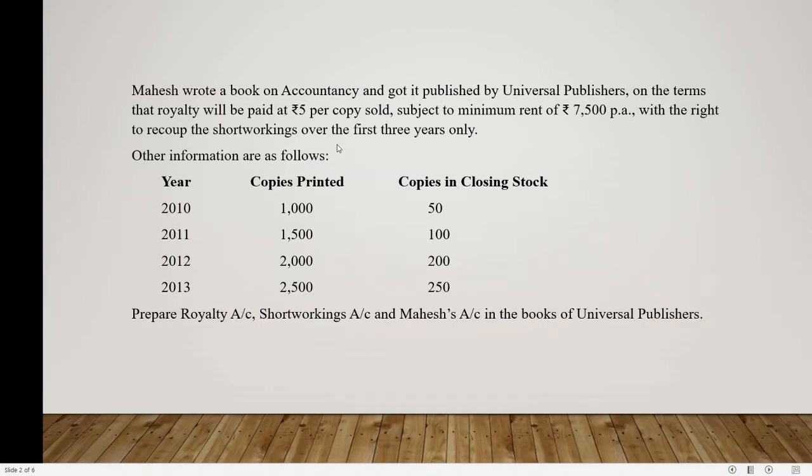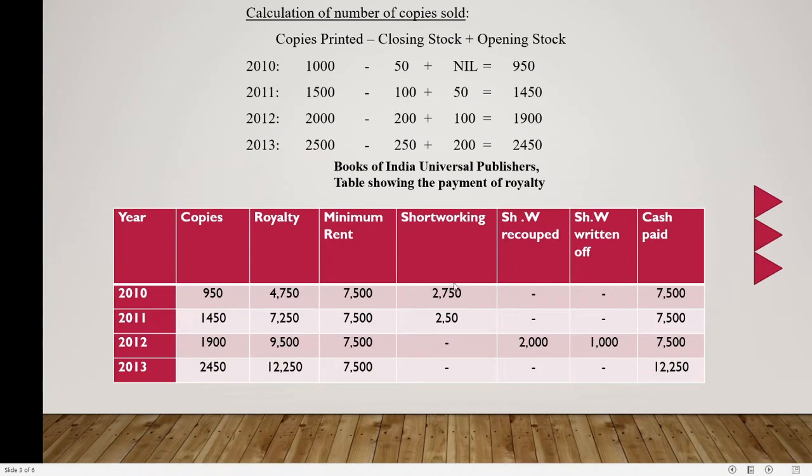The right is to recoup the short working over the first 3 years only. First 3 years means within 2012 he must recover the short working. In the year 2012 there is excess amount available, that is 2000 available. So short working recoup 2000.